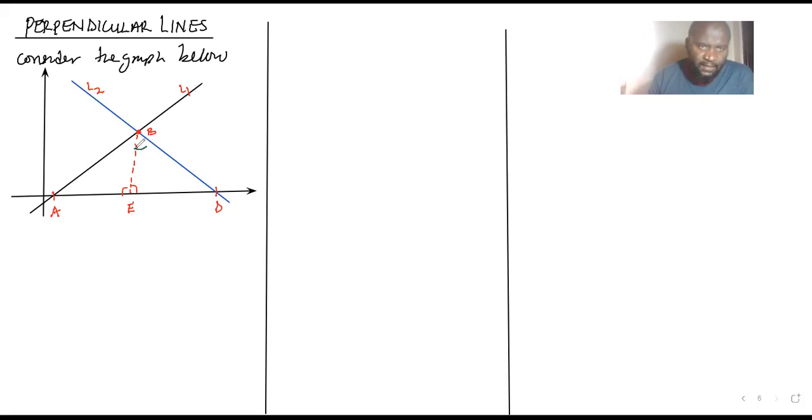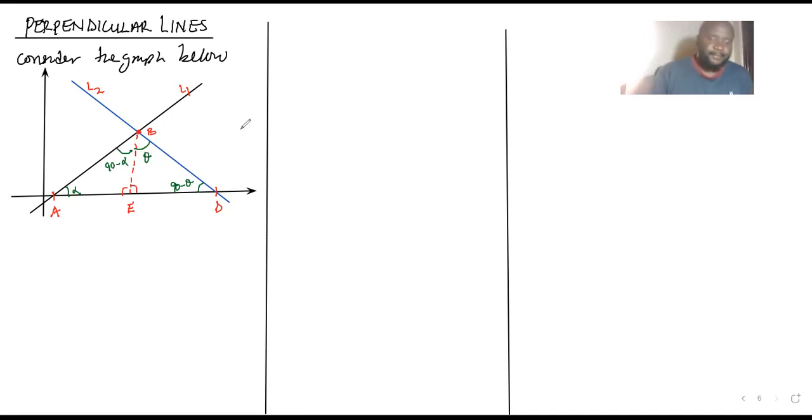I can have an angle here. I can call this angle theta. Then down here, I can have an angle 90 minus theta. When I call this angle alpha, then up here, I will have 90 minus alpha. Right?